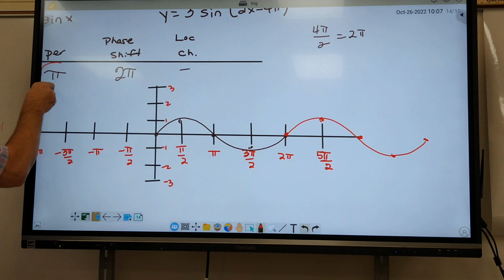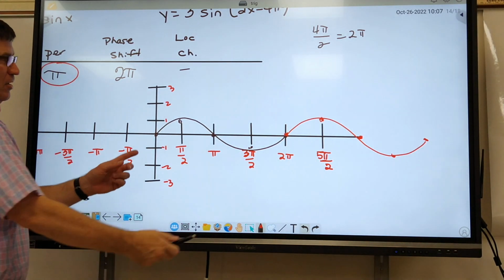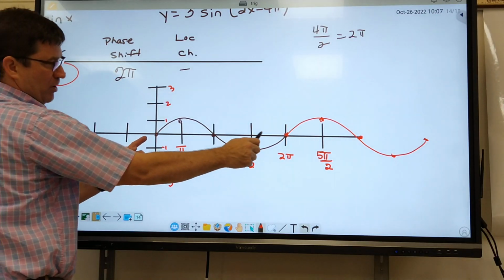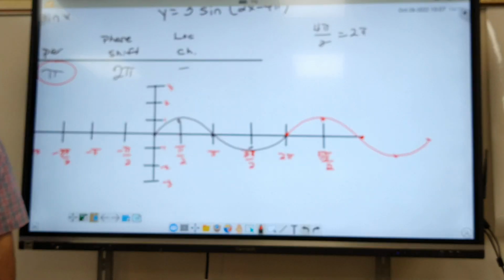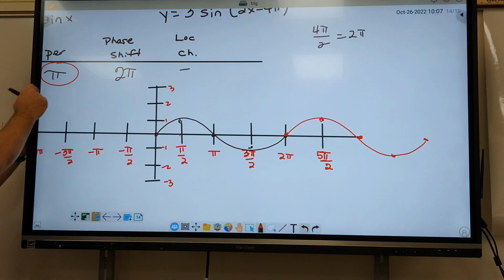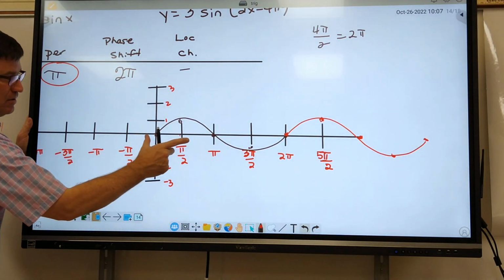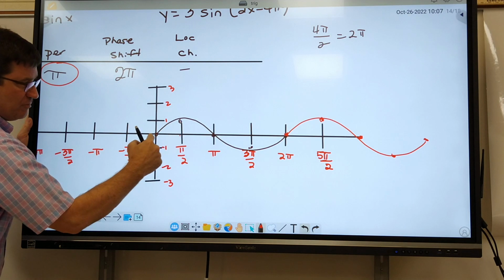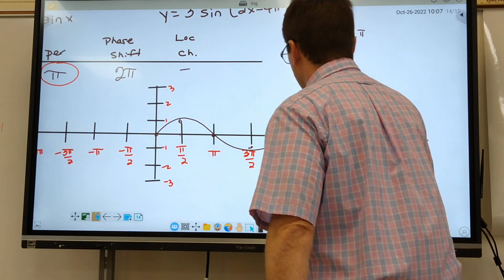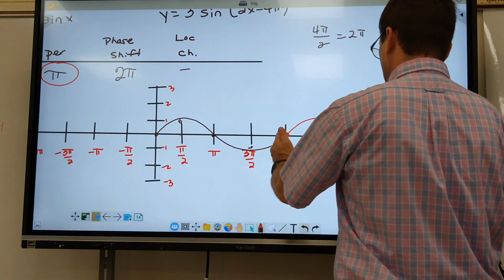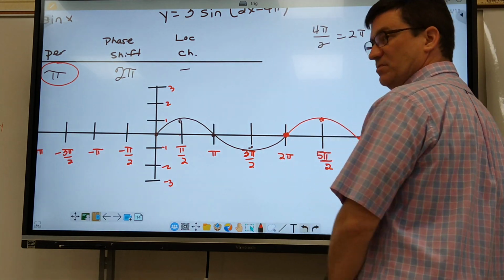Next, we got to do a period of just 1 pi. Let's go back and start from the beginning. Originally, the period was 2 pi. 1, 2, 3, 4 spaces when you started. Now we got to put it in pi, which is how many spaces? From here to here, from 0 to pi, 2 spaces. So I've got to start it here, and I've got to shrink that into 2 spaces. 1, 2.